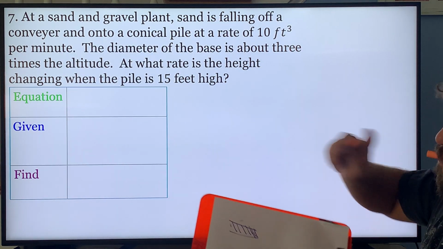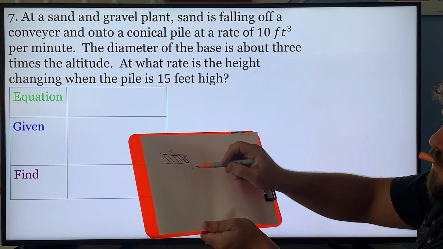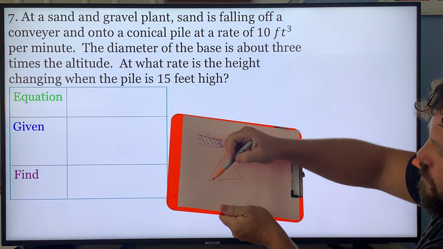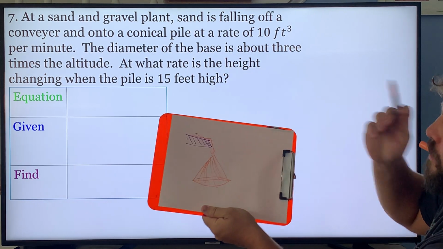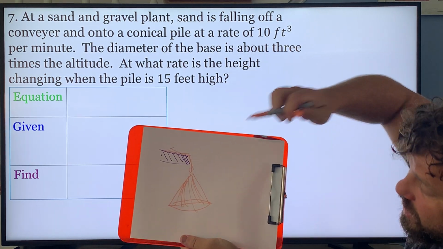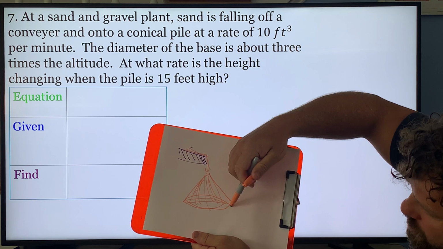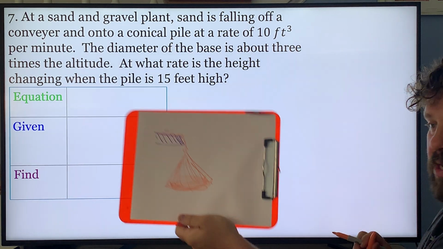You have sand going off the conveyor belt and coming down, and what it does is make a pile. That's a cone shape, and this is all sand. Now, as more sand comes, the cone gets larger and larger and larger, and then you have a big cone shape.